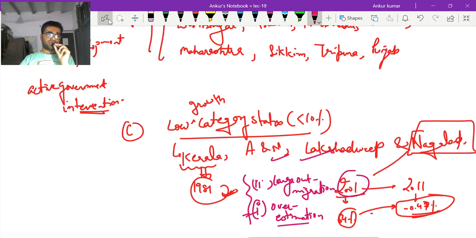So we said that there are three types of states. Okay, and each category had different population growth. So each group of states has different issues, and they will definitely need to be tackled with a different kind of policy intervention.